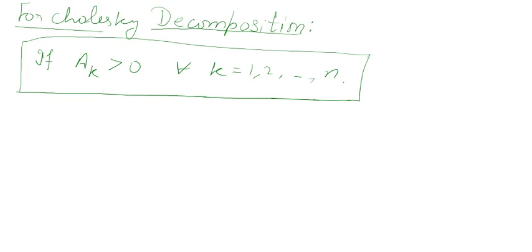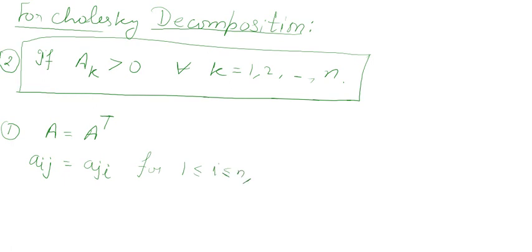So that is the second thing, actually. The first thing is you need to check whether A is equal to A transpose, meaning you verify whether Aij is equal to Aji or not, for 1 less than or equal to i less than or equal to n, and 1 less than or equal to j less than or equal to n.